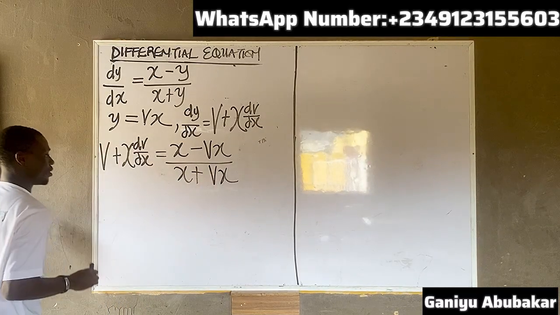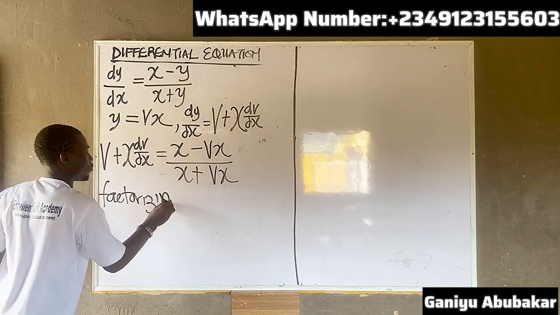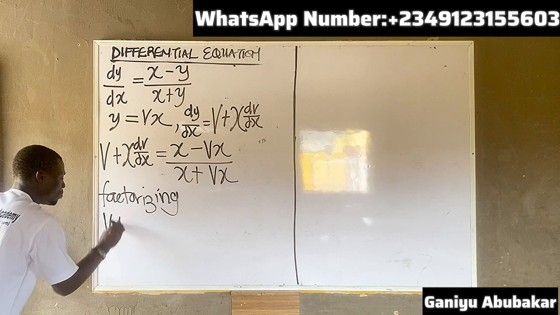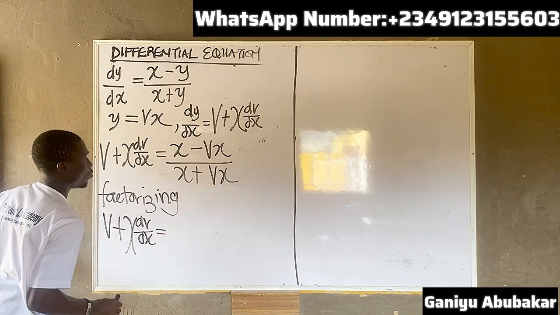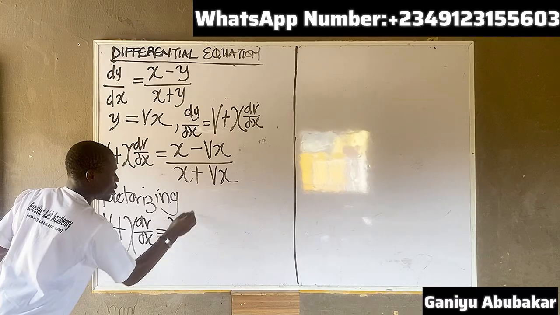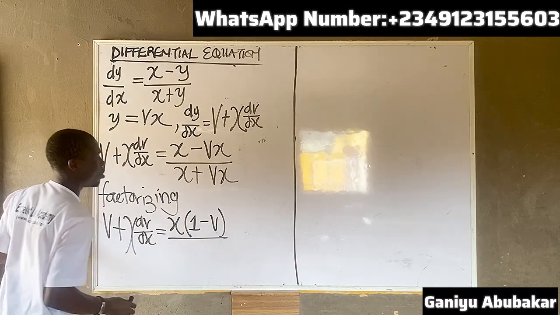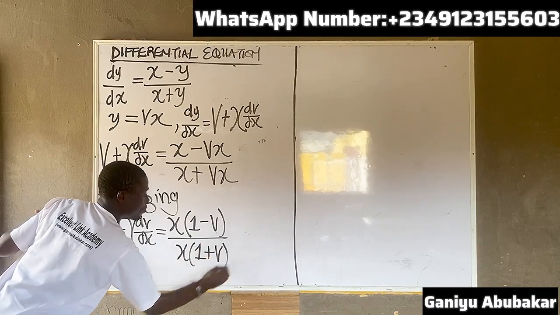I have vx. Next task, factorize. Factorizing, an LCM is what you look out for. That gives you v plus x dv over dx equals x into 1 minus v all over x into 1 plus v.